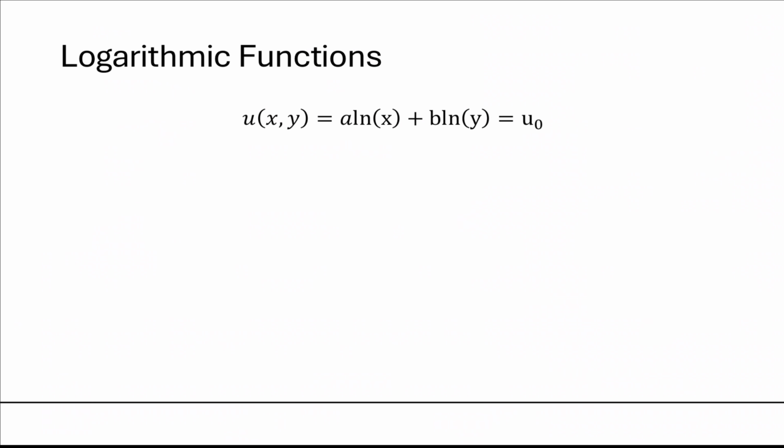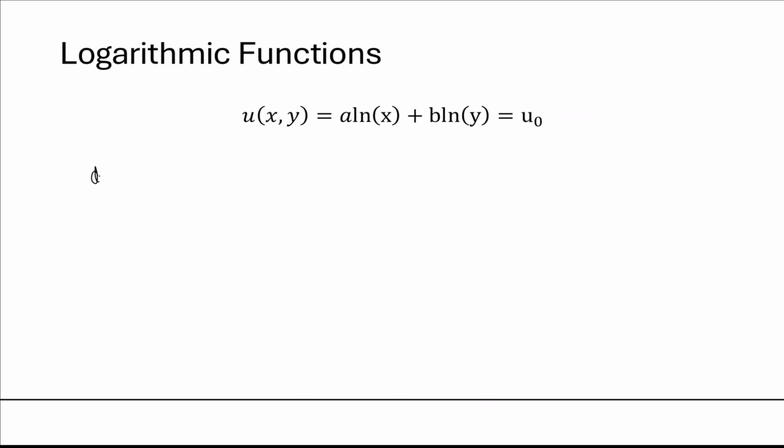With a logarithmic function now, we have a utility function which has variables x and y, and the function is a ln x plus b ln y is equal to some level of utility which we've called u1, and we need to find dy by dx.